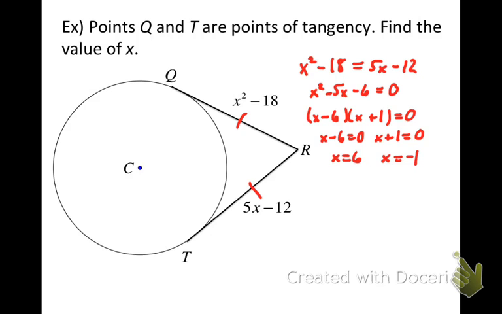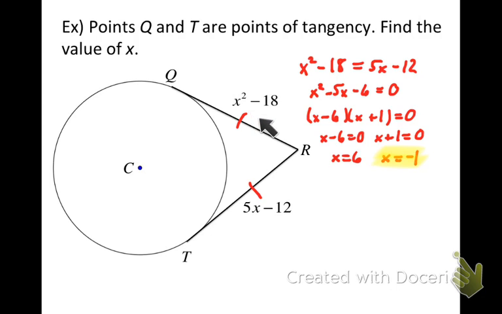Great. Now both of those values of x will make x squared minus 18 equal to 5x minus 12. Although, I hope you're already thinking, we can't use one of those values. It would be impossible for x to be negative 1 here.